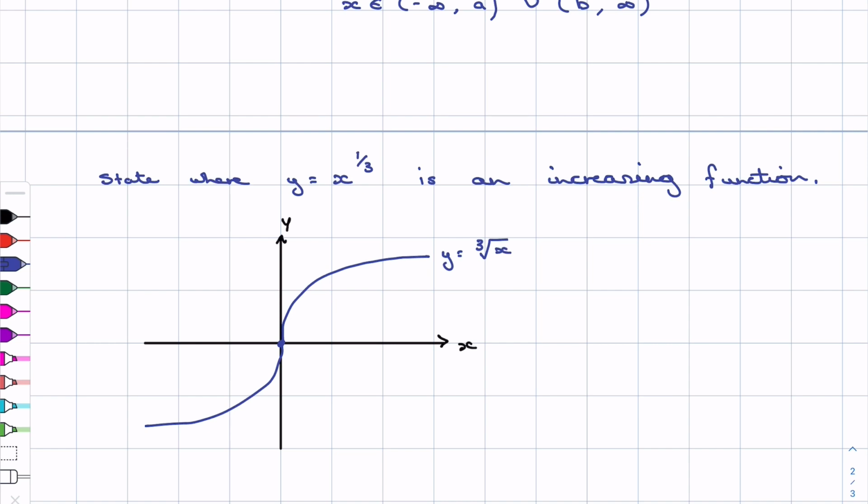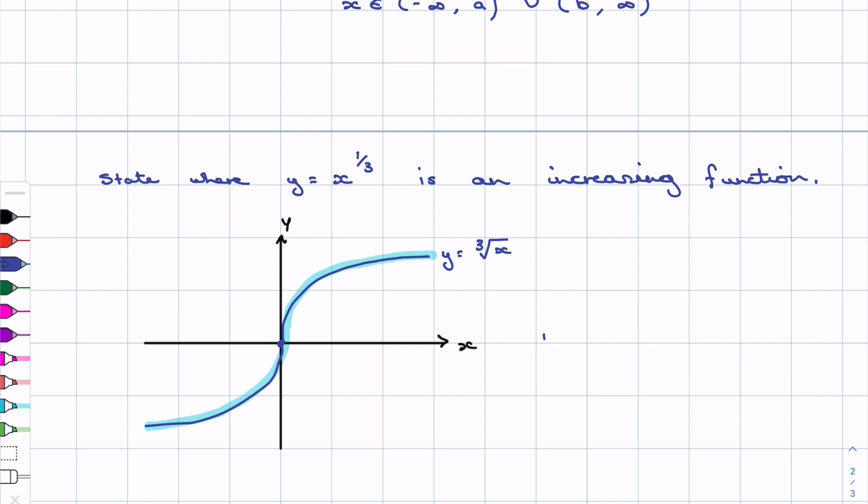This function in all places is increasing, and the point of interest which we want to consider is this point at (0, 0). That's because the gradient of the tangent at this point will be equal to infinity, or it'll be undefined. However, y is still increasing with respect to x increasing. So therefore we consider it an increasing function.